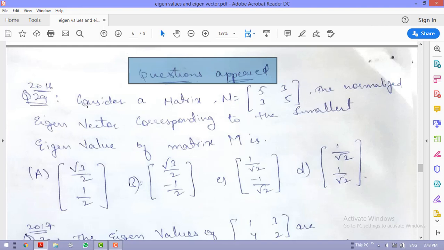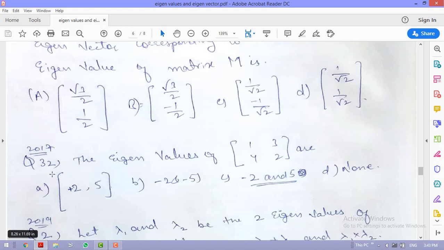So we are going to see it in this particular problem. The options are root 3 by 2, 1 by 2; root 3 by 2, minus 1 by 2; 1 by 2, minus 1 by 2; 1 by 2, 1 by root 2. Okay. And the second question, in 2017, question number 32, is to find the eigenvalues of this particular matrix, which is very easy. It was asked as a 1 mark question. They have given these options.